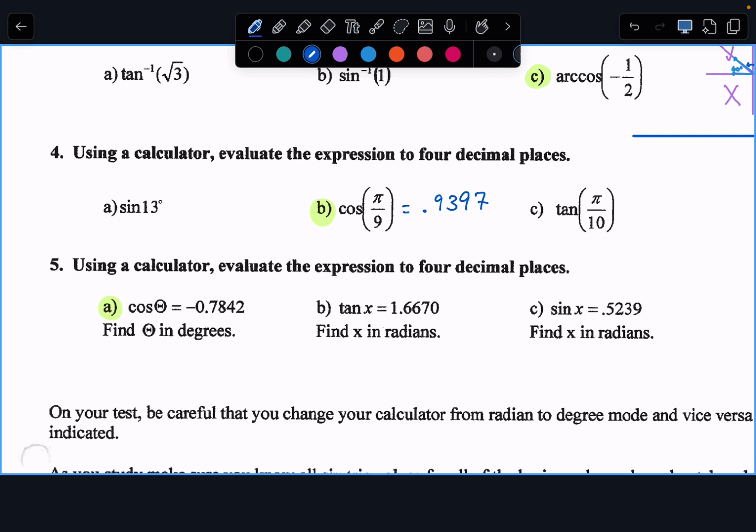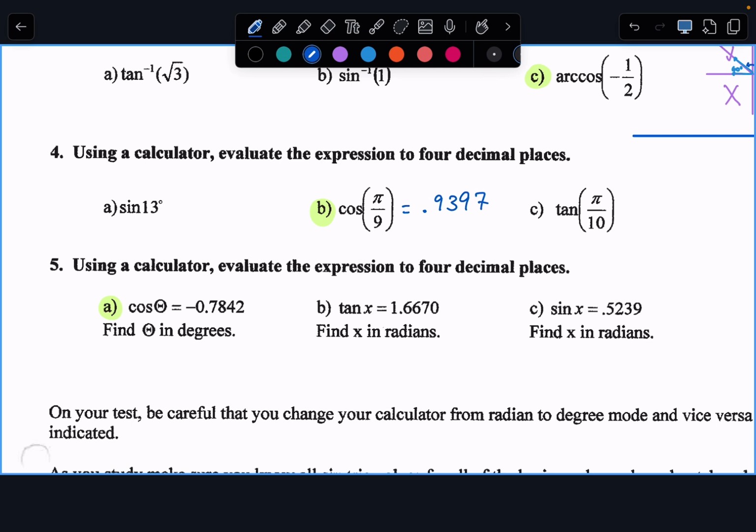Then I'm going to ask you for the angle, okay? On 4, I asked you for the value of the angle. The angle was pi over 9. On 5, I'm going to ask you for the angle, and I gave you the value, okay? Anytime I'm looking for the angle, I wrote this down on your sheet.